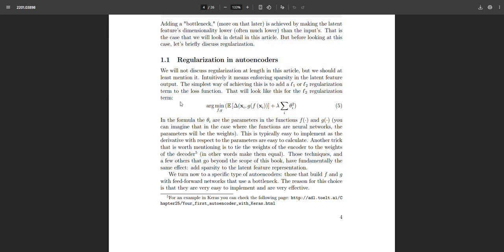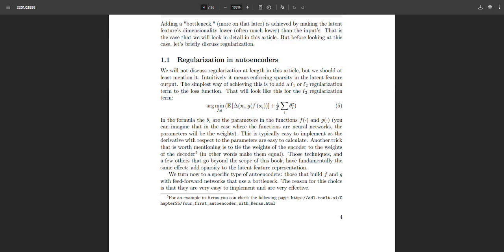When adding L2 regularization to our loss function, our minimization objective now looks like this. Here, the parameter theta i represents the parameters of our neural network functions f and g. In other words, the weights of the network. The term lambda controls how much we penalize large weights.